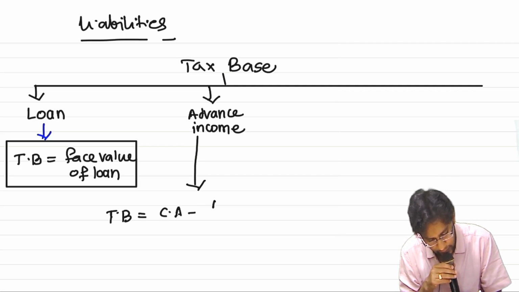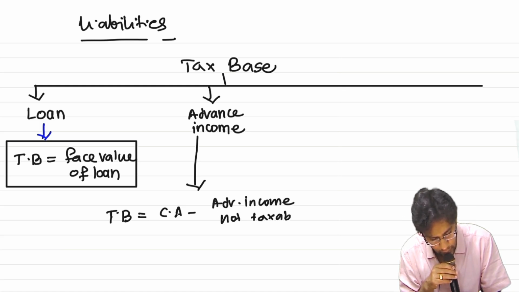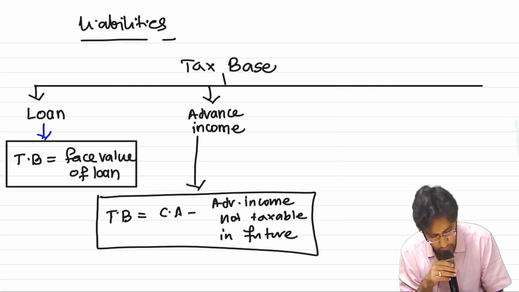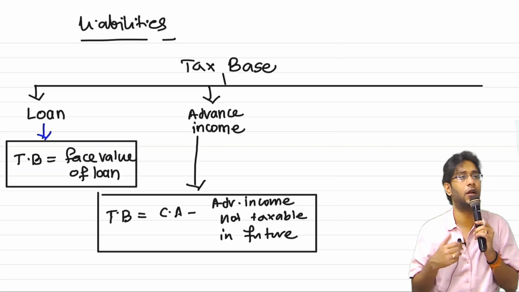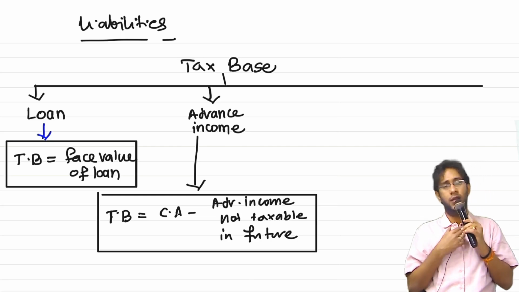carrying amount minus advance income not taxable in future. Sir, what is all this, sir? What is advance income not taxable in future? Why is it not taxable in future? Listen, sir.